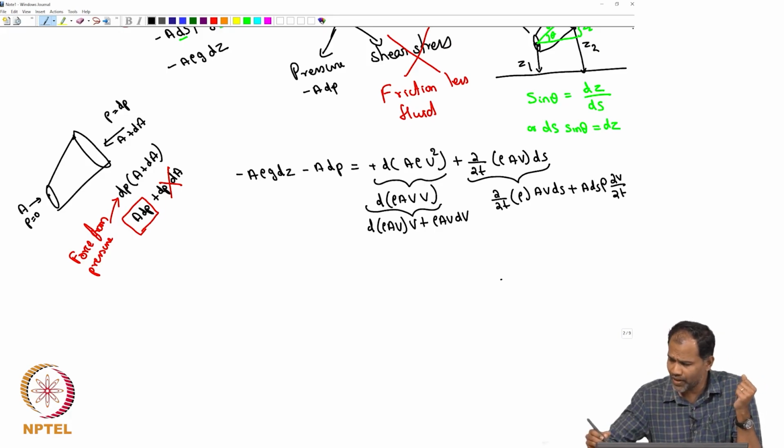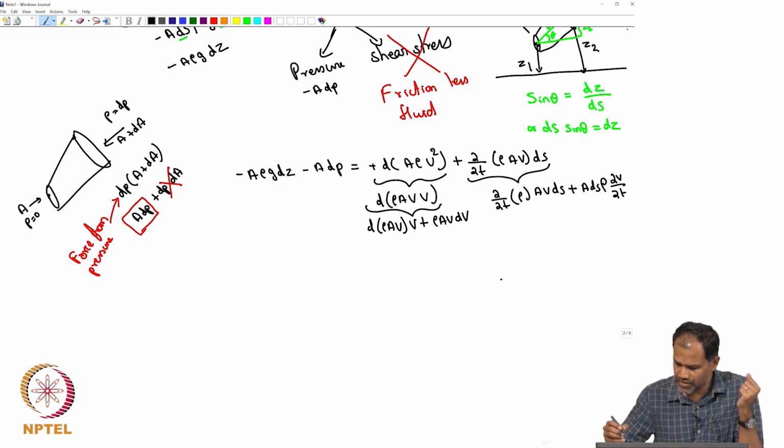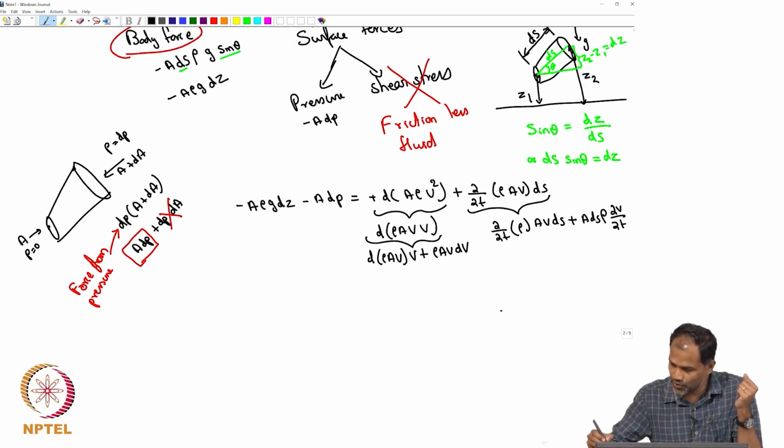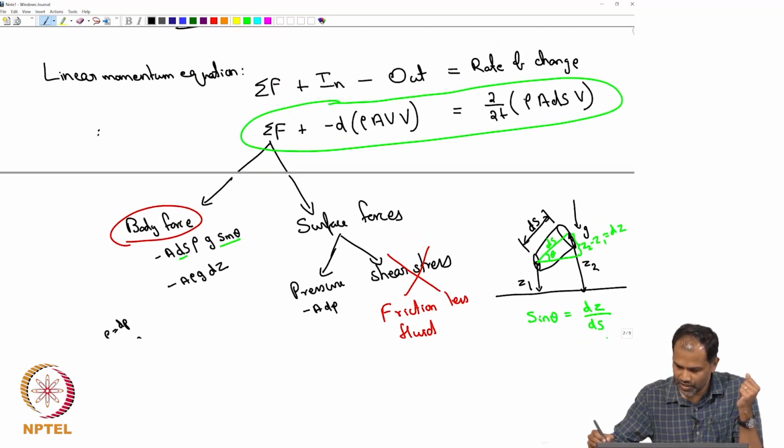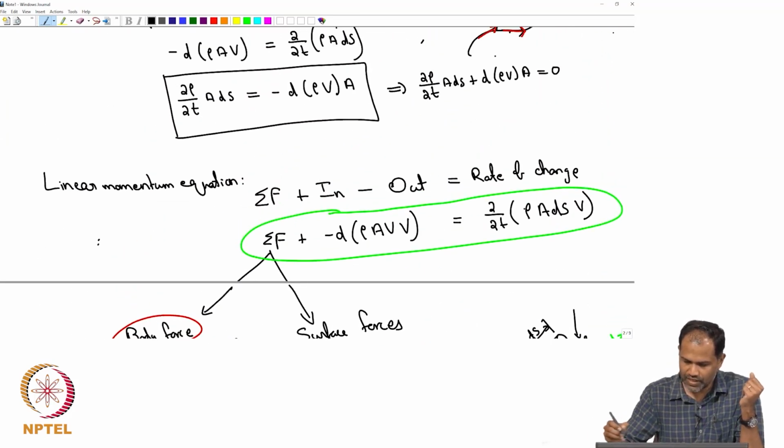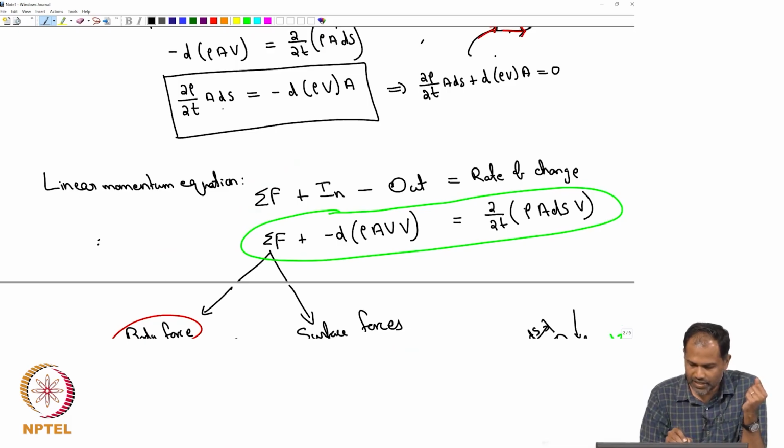Now, let us look at the continuity equation. If you look at the continuity equation, you will see that ∂ρ/∂t into A ds is minus d(ρv) into A, or it could also be written as ∂ρ/∂t into A ds plus d(ρvA) equal to 0.